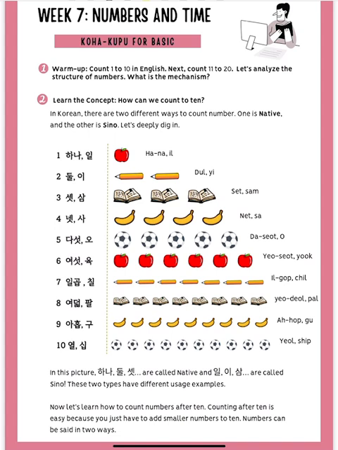Now, let's learn how to count numbers after 10. Counting after 10 is easy because you just have to add smaller numbers to 10. Numbers can be said in two ways.